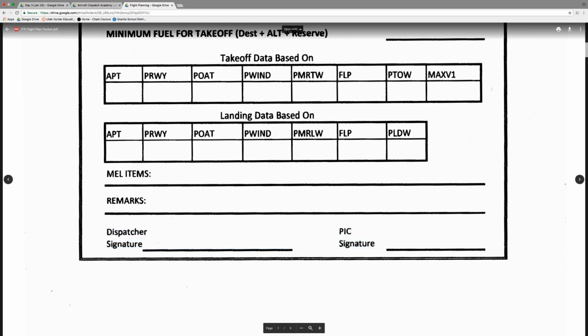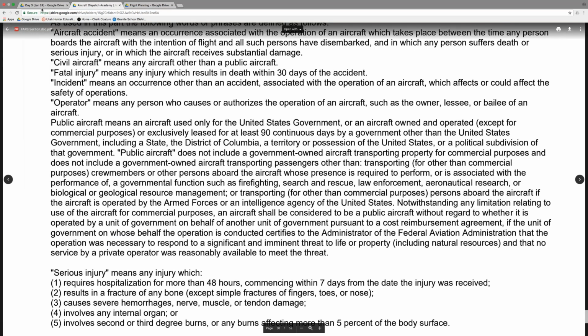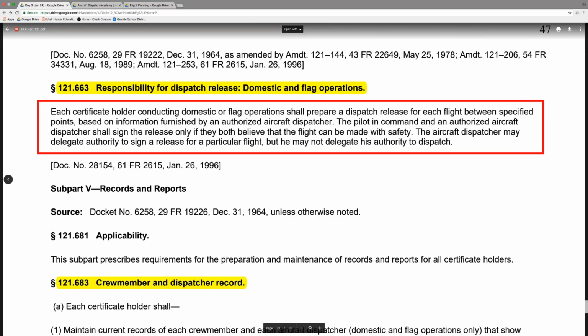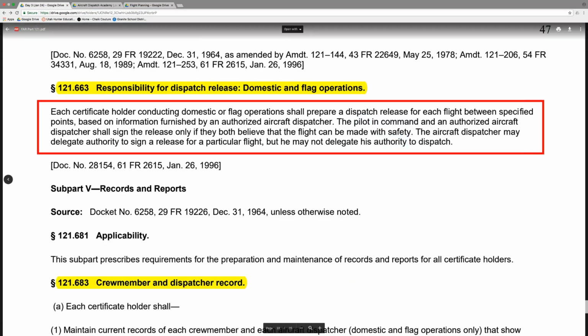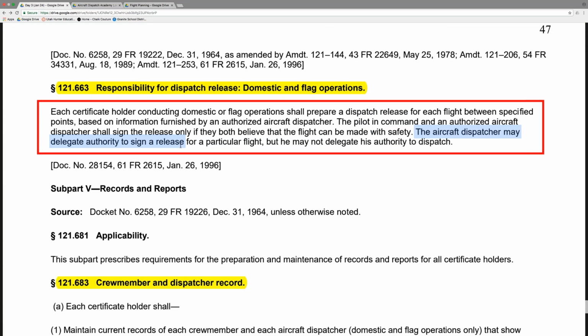Okay. So what this FAR continues to talk about is that not only do we have to sign that dispatch release, it also says the dispatcher may delegate the authority to sign the release. So say you get hired by SkyWest, we're going to be sitting in St. George at headquarters.